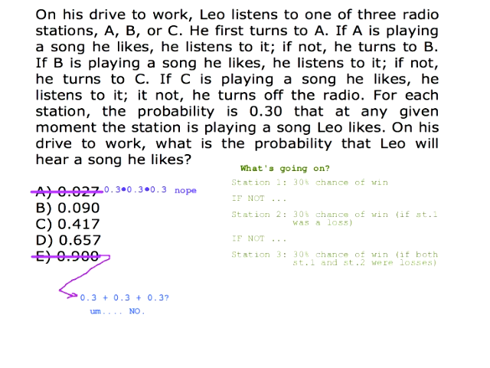Common sense, y'all. Which 2 answers are just totally not making any sense right now? Consider that. You flip to the first station, there's already a 30% chance that you're happy.